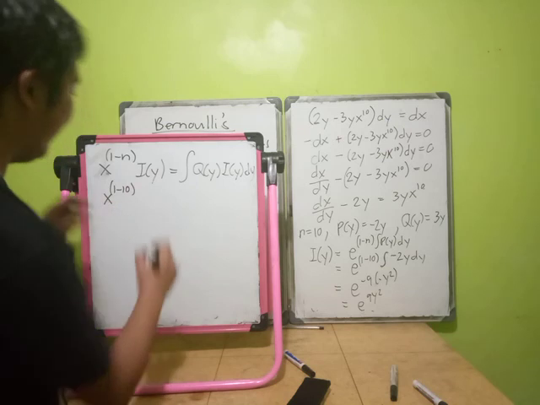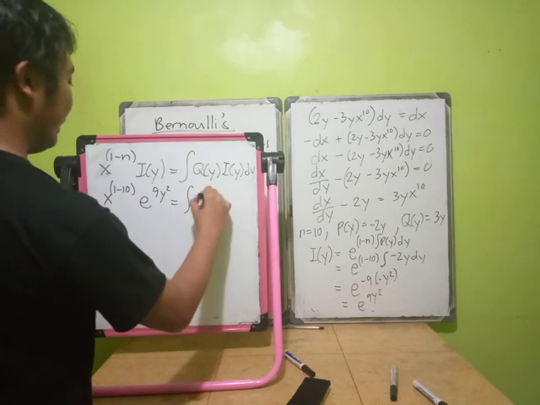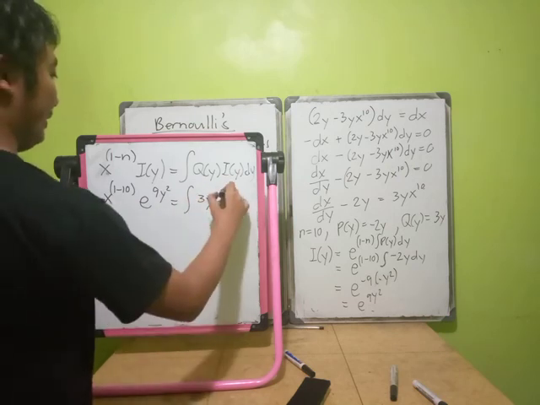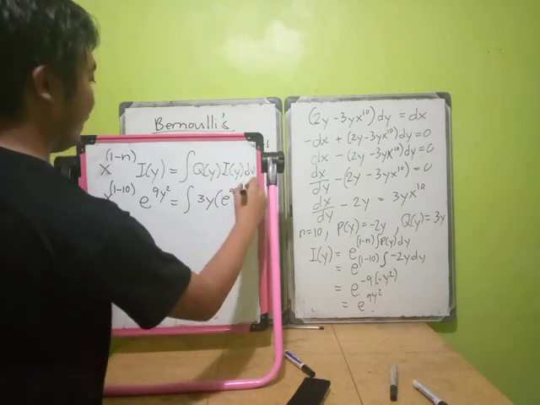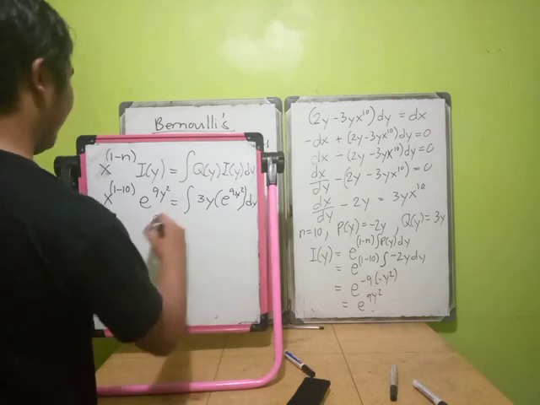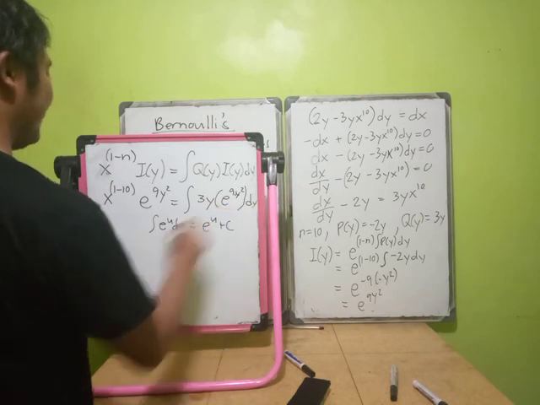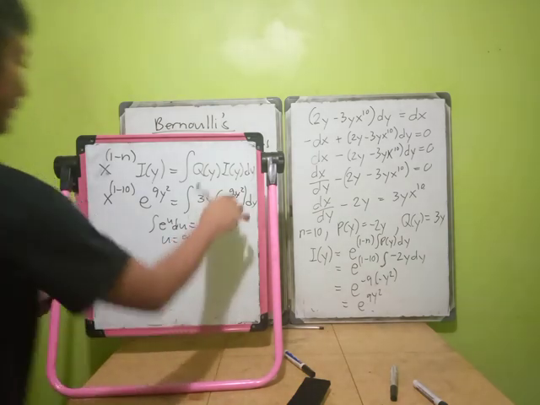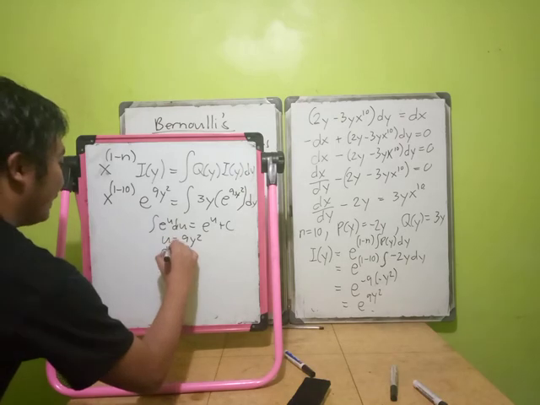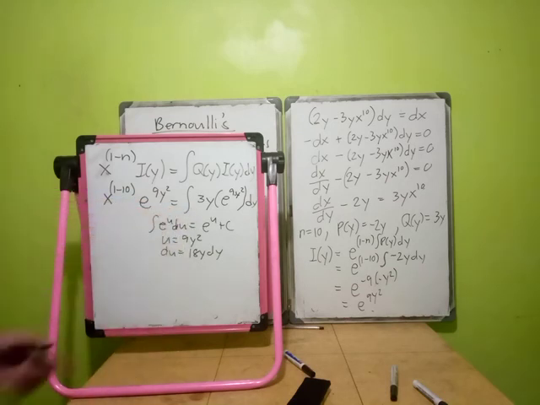Yung iy natin is e 9y squared is equal to qy, which is 3y multiplied by e to the 9y squared dy. Okay? And since we know that the integral of eu du is equal to e to the power of u plus c, so ang u natin dito is si 9y squared kasi yun yung exponent ni e. So yung du natin is 18y dy. Okay. So dapat 18y yung katabi niya. But somehow, hindi mo siya masolve kaagad.